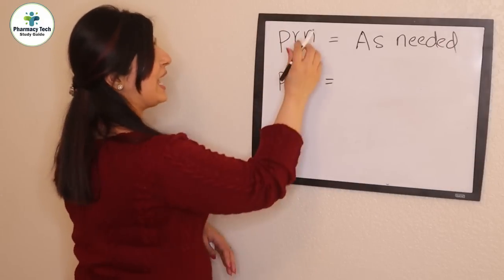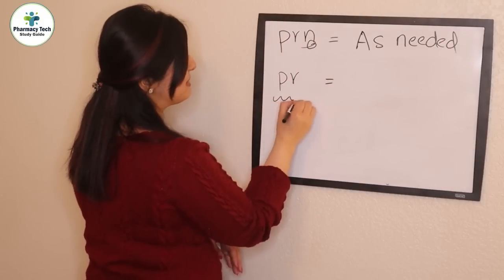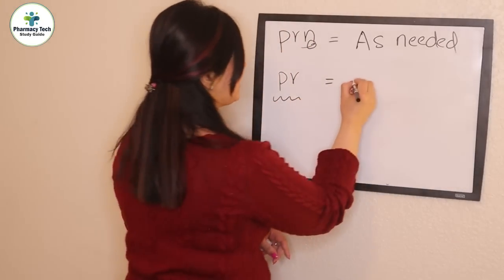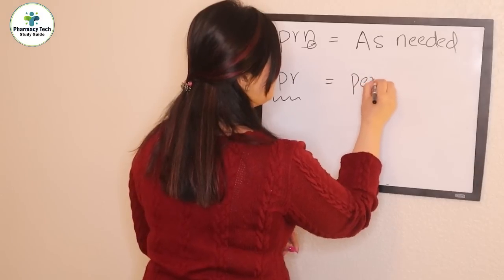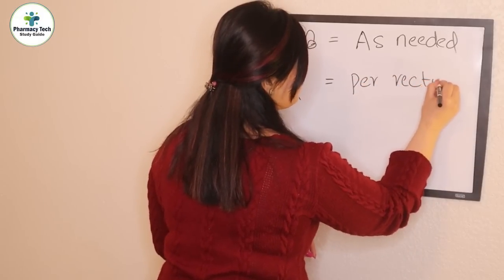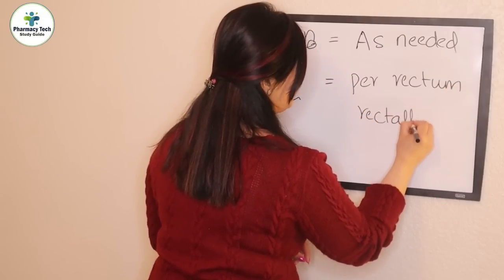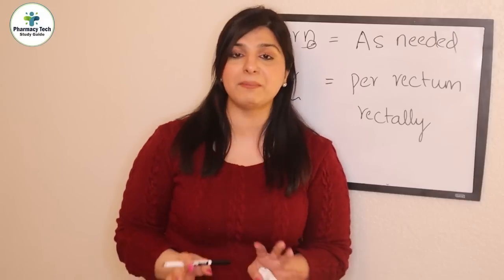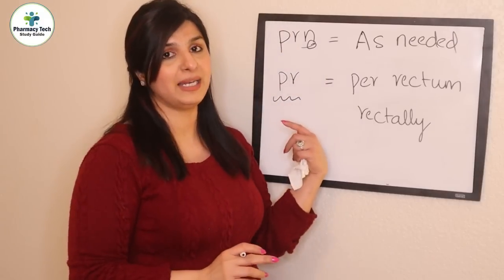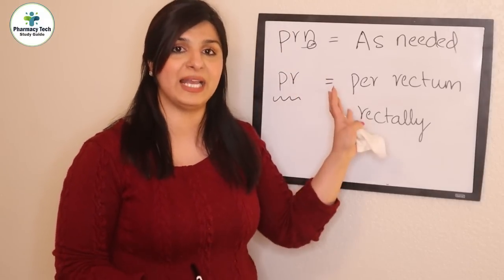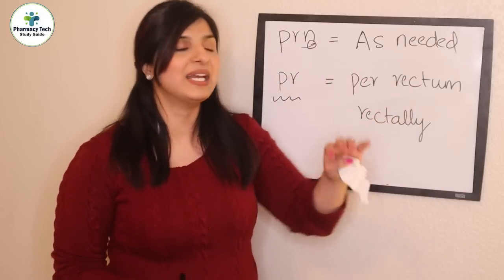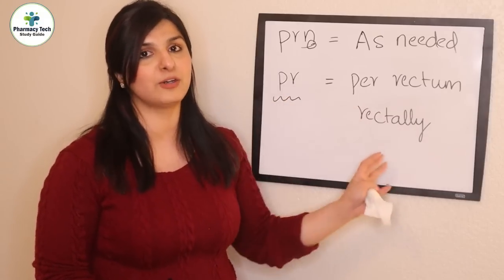If you remove the N, that becomes PR, which is per rectum, or you can simply say rectally. So remember, don't confuse PRN with PR, because PRN is as needed and PR is per rectum.